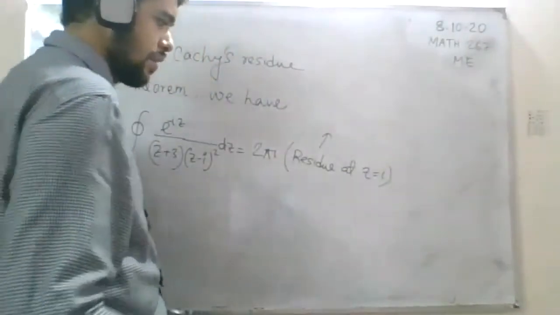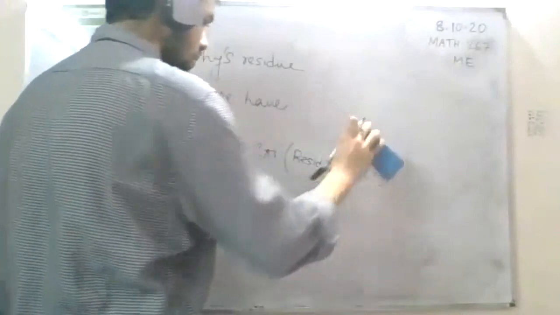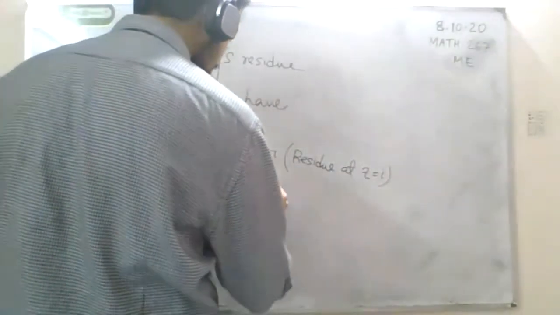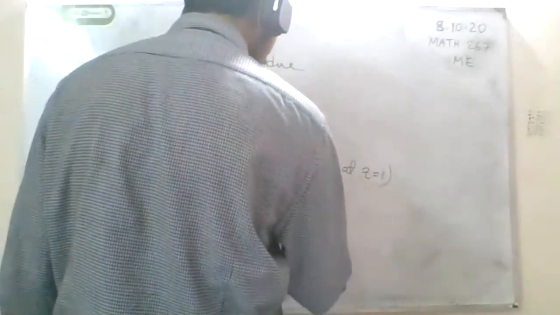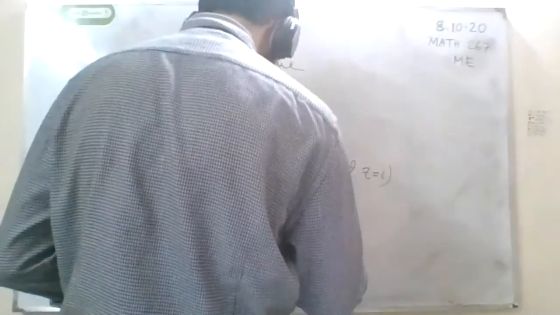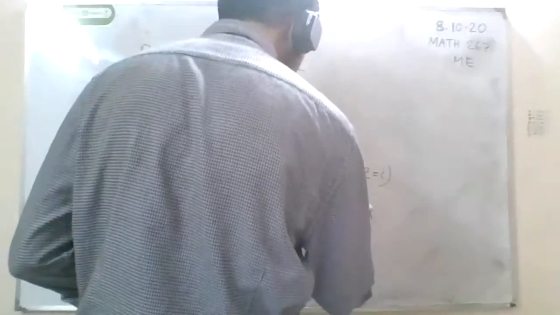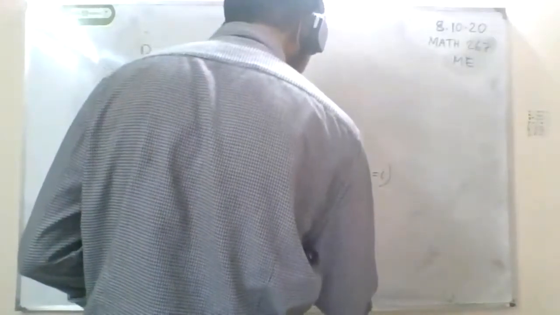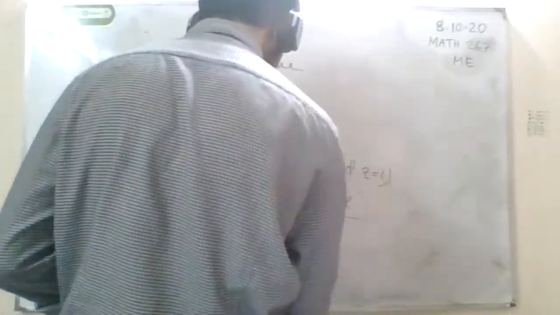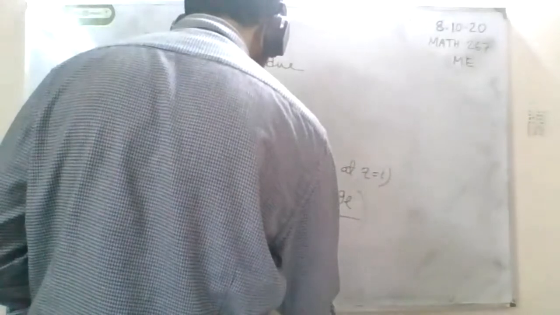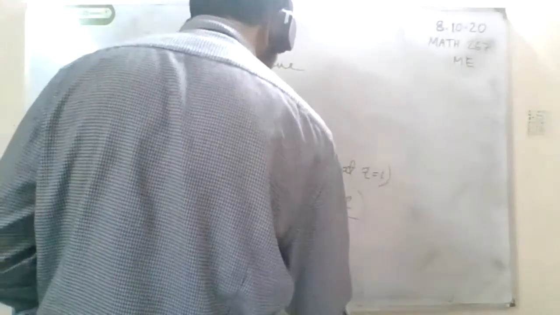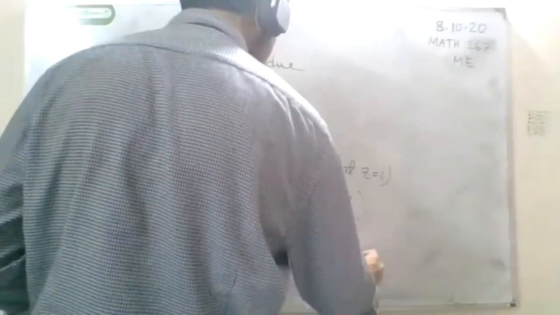So here you can say this will be 2 pi i into minus 12ie minus 9e divided by 50. And after that, you can say minus 12i minus 9 divided by 25, e. So this is your answer.